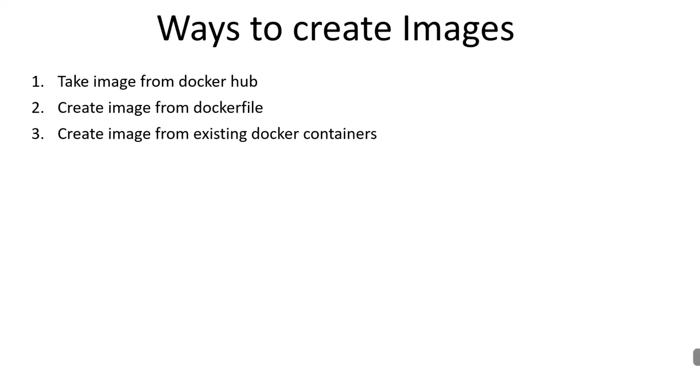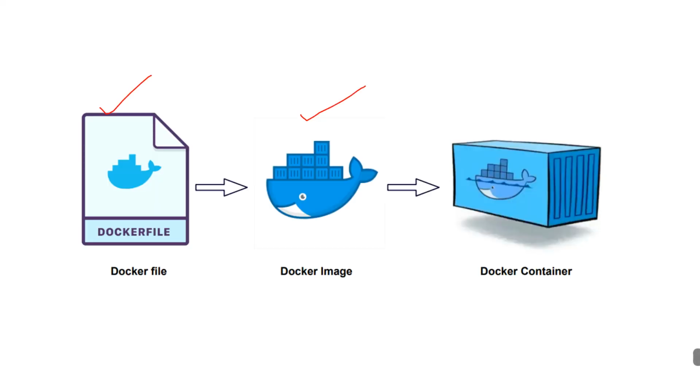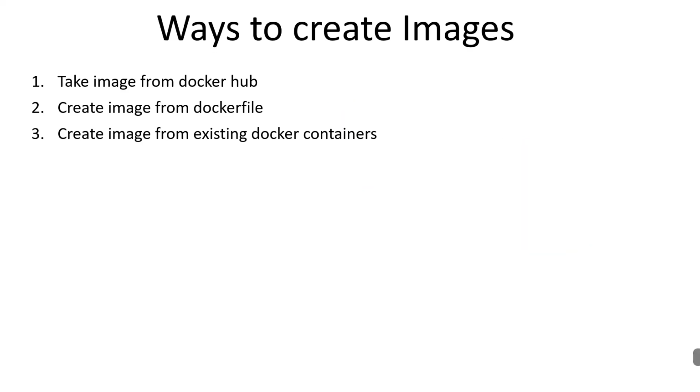The second is to create an image from a Dockerfile, as you can see here. The third is to create an image from an existing Docker container.